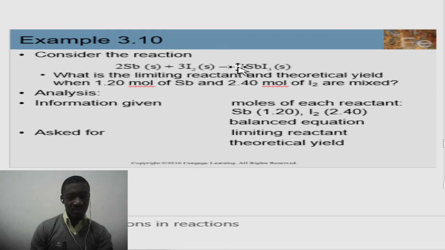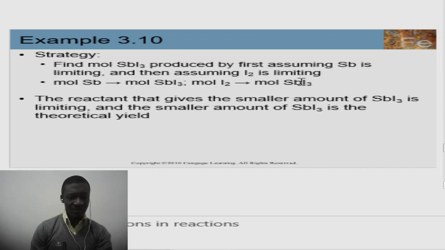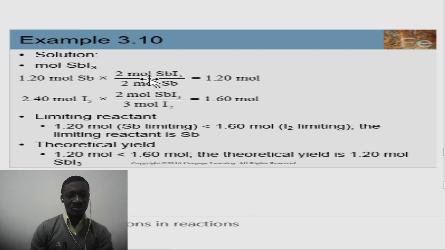So 1.2 moles of Sb will give you X, because you're trying to find the yield. The 2 cancels the 2, and you have the same 1.2 as the product. Then for the 2.4, it's 3 to 2, and 2.4 will give you 1.6 mole. Between the two, which is bigger?